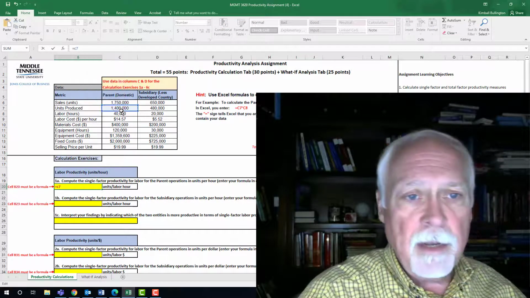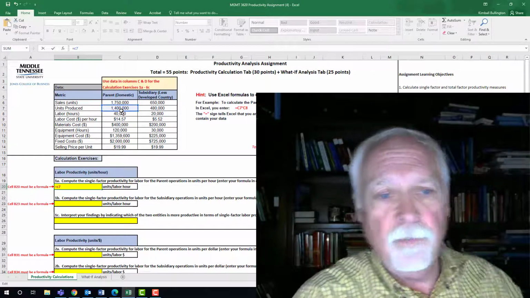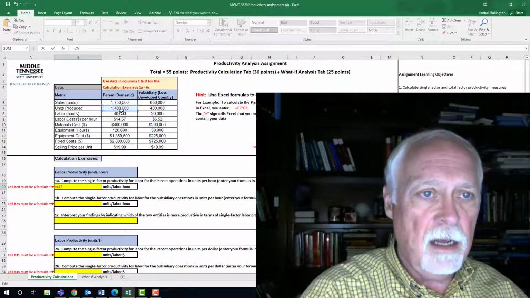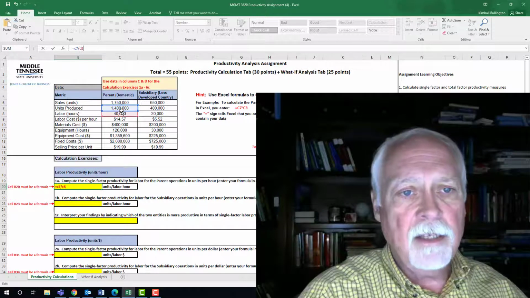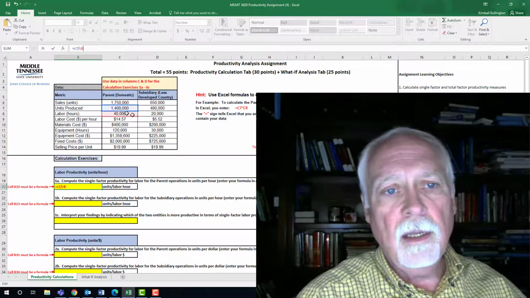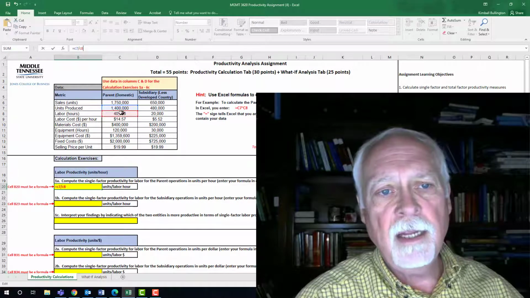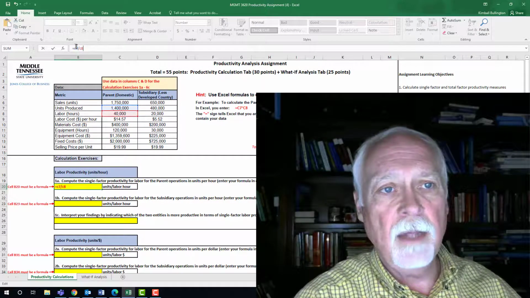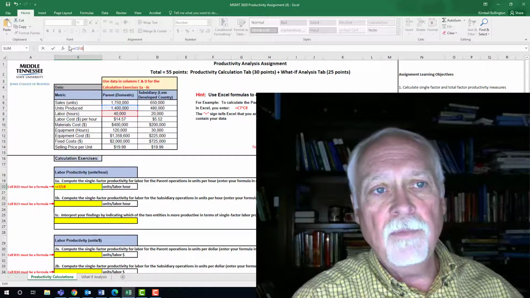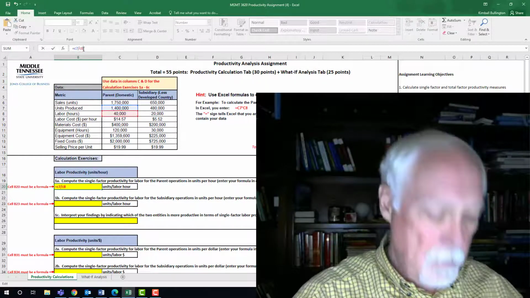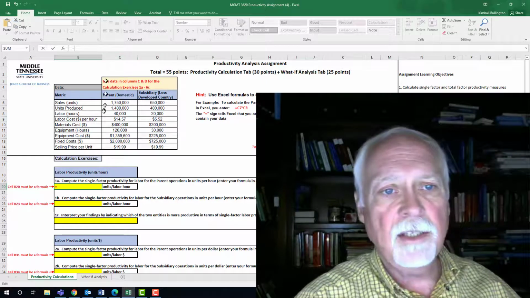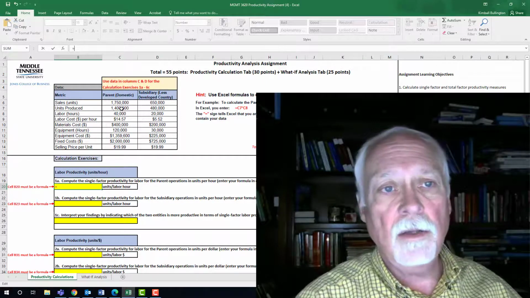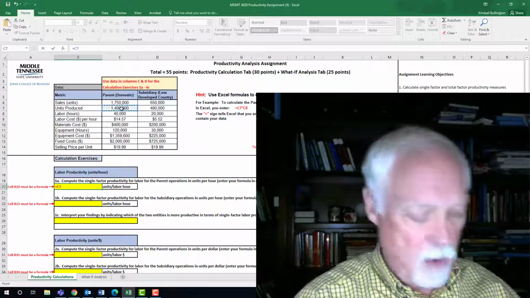If I do type it in, you can see that Excel highlights it. And then I put my division sign, the slash, and then I can type in the cell where the inputs are, and it highlights that one. I can do that, and Excel shows you the formulas. Or I could just as easily, in this case, just click on the cell, and Excel will write it in for me.